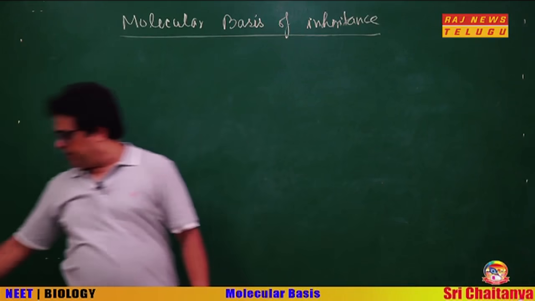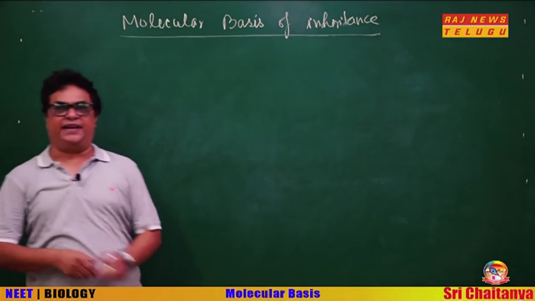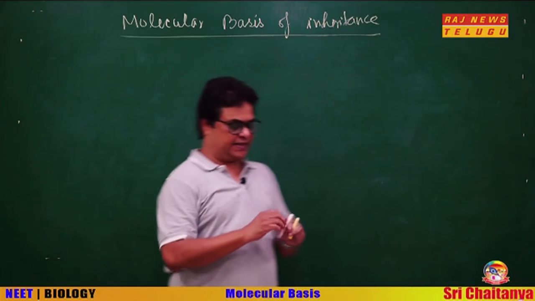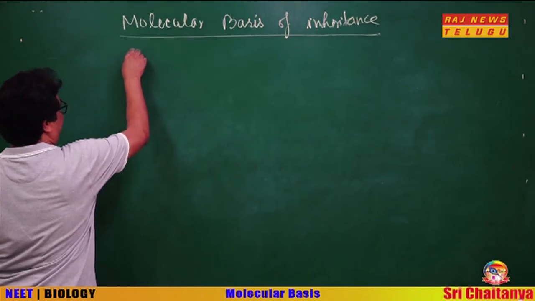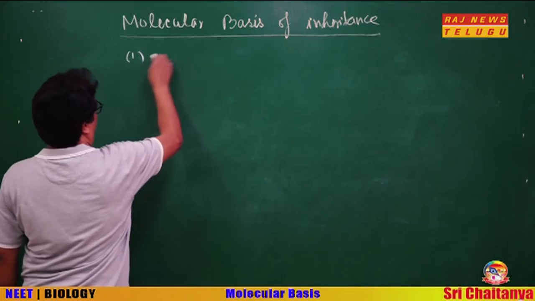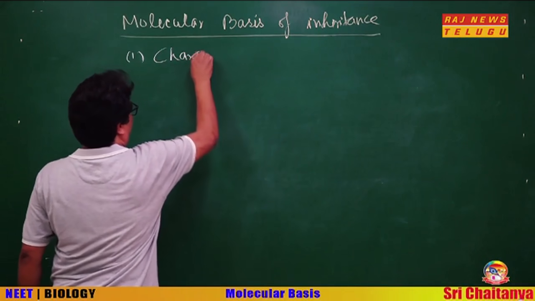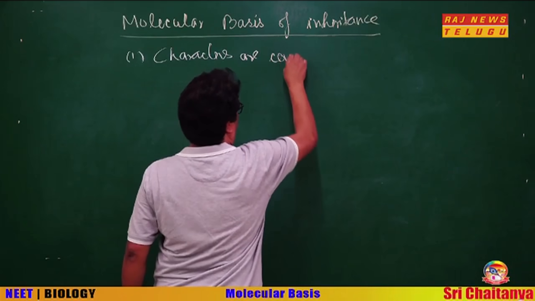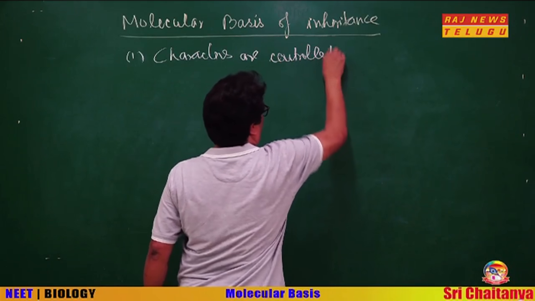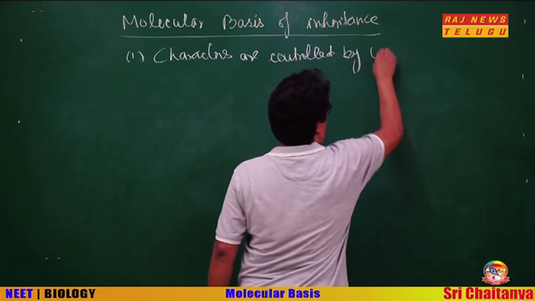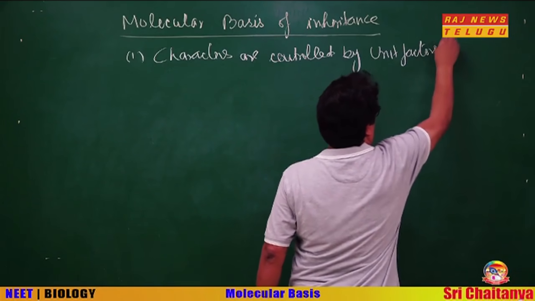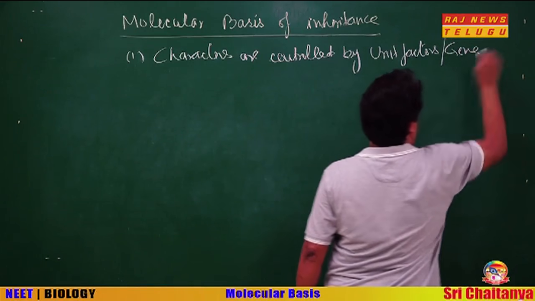In the first topic, principles of inheritance and variation, we have studied two major things. First thing is characters are controlled by unit factors, which were later called as gene.